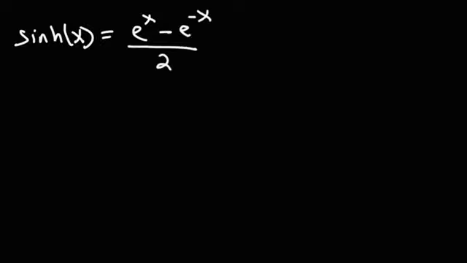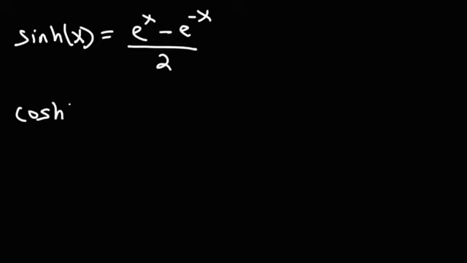Now, hyperbolic functions are basically combinations of exponential functions. Hyperbolic sine is equal to e to the x minus e to the negative x divided by 2. So as you can see, it's just the combination of these two exponential functions.